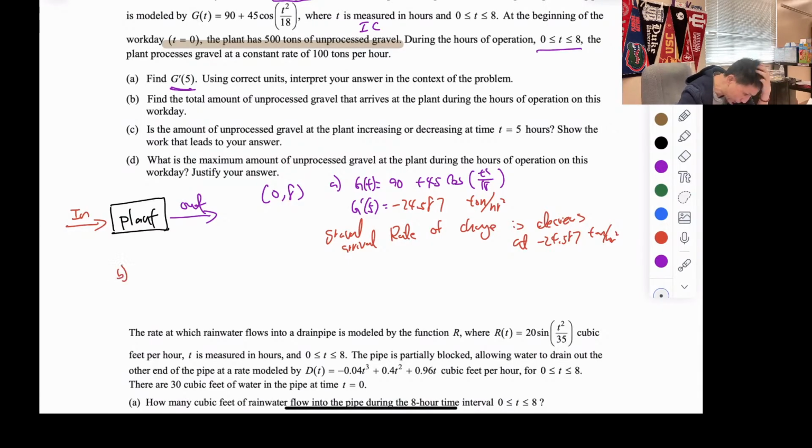B. Find the total amount of unprocessed gravel that arrived at the plant during the 8-hour operation on this workday. Total amount, so that'd be the amount under the graph, the amount under the curve.